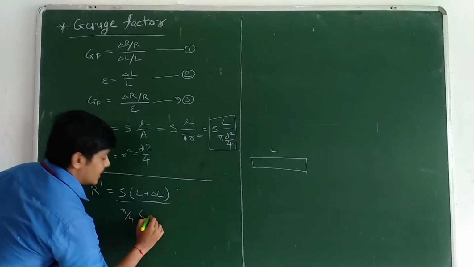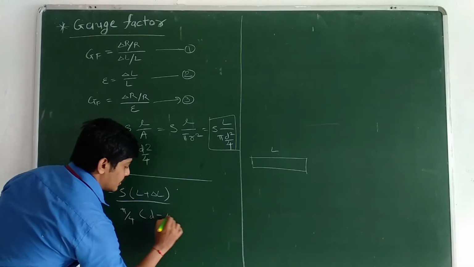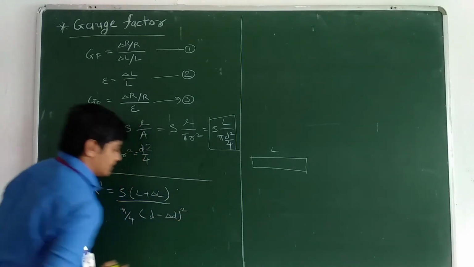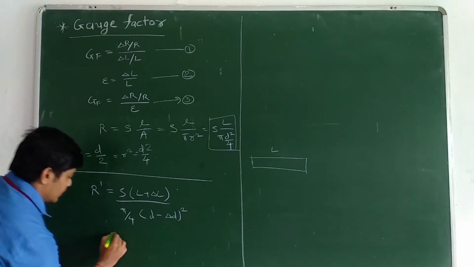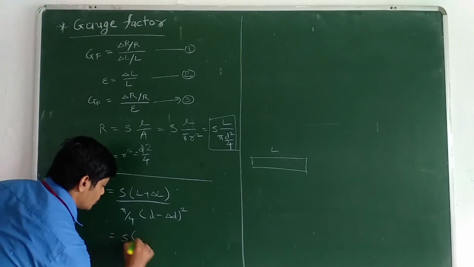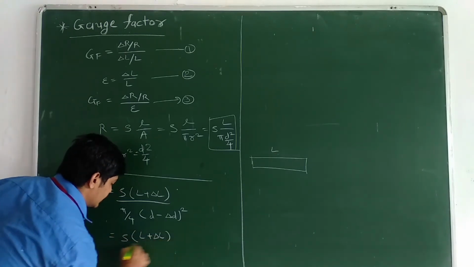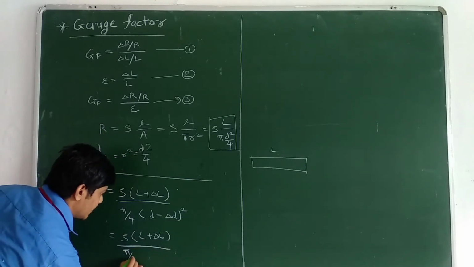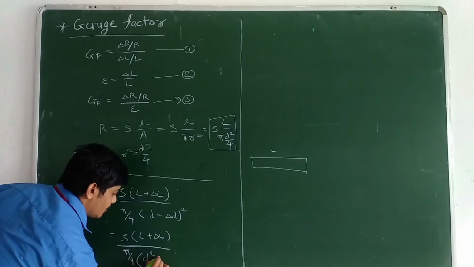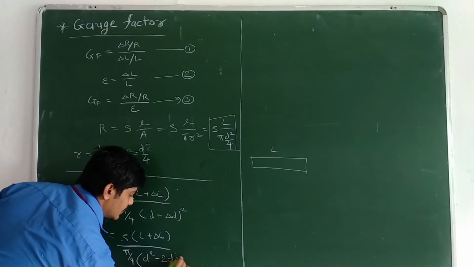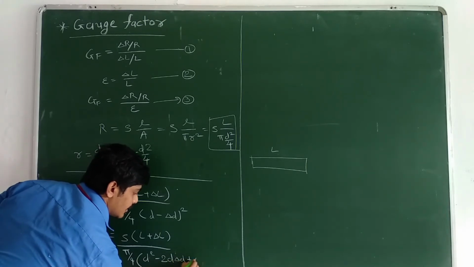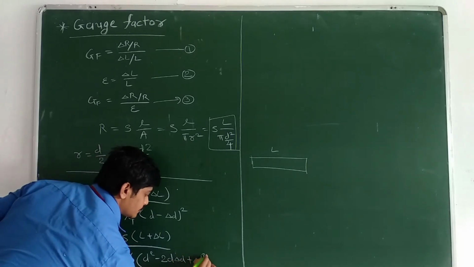So we can write d minus delta d whole square. Okay. Now further we can define this equation like rho L plus delta L divided by pi by 4 d square minus twice d delta d plus delta d square.